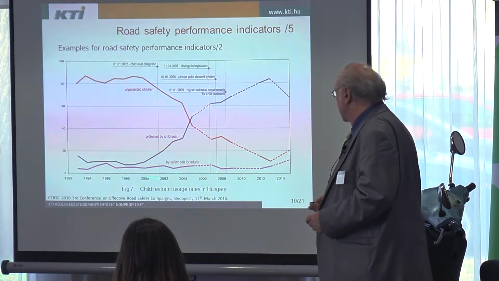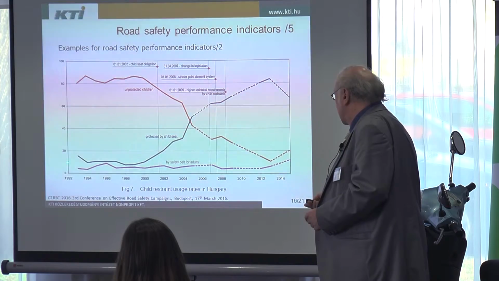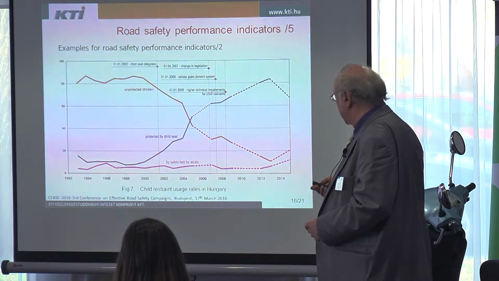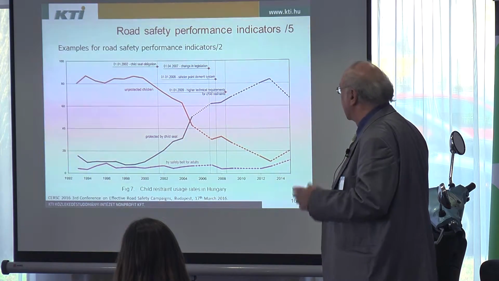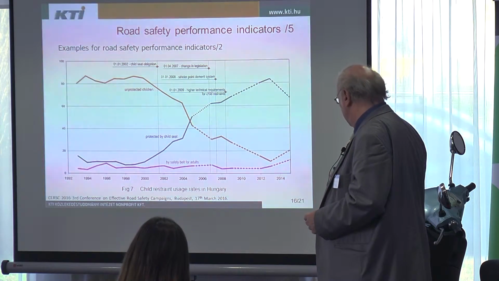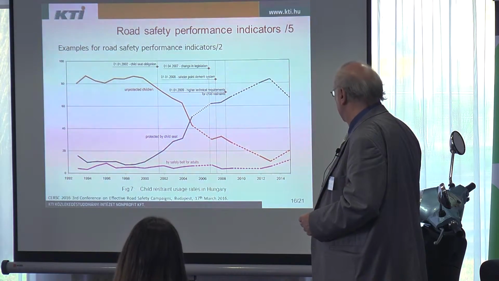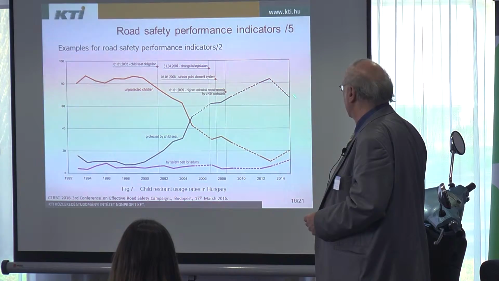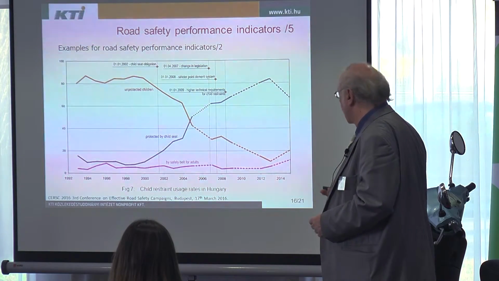And here you can see the children protected by an adult safety belt. And here also we can experience a negative development in the last year. In 2015, unfortunately, there was a decrease in the number of protected children.